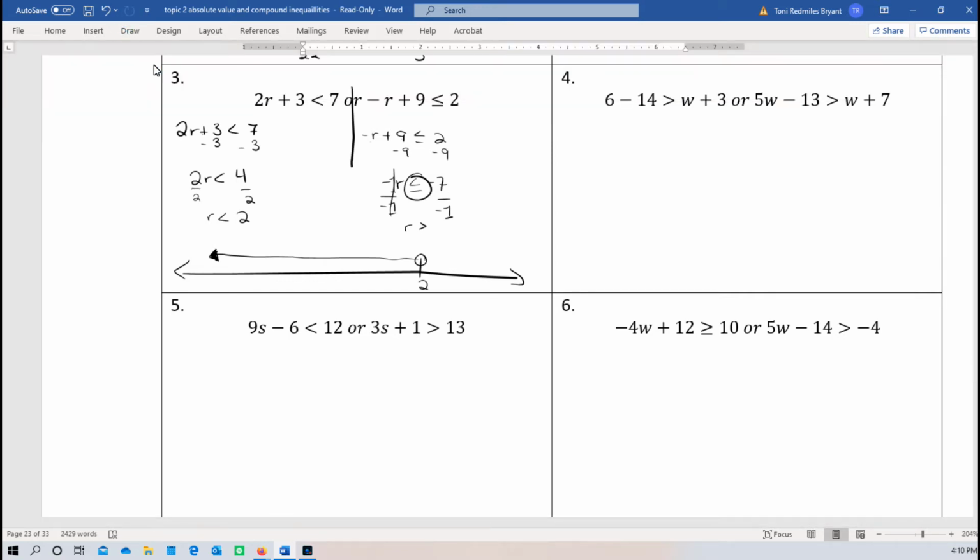Got to flip that inequality and find that the answer is 7. R has to be greater than or equal to, this time a filled in circle, 7.